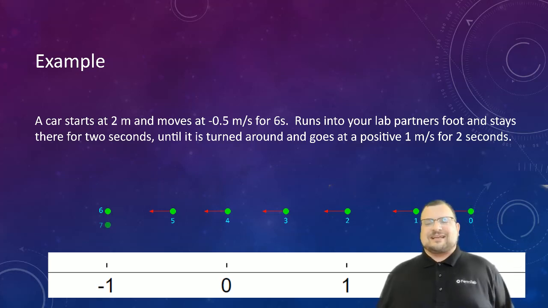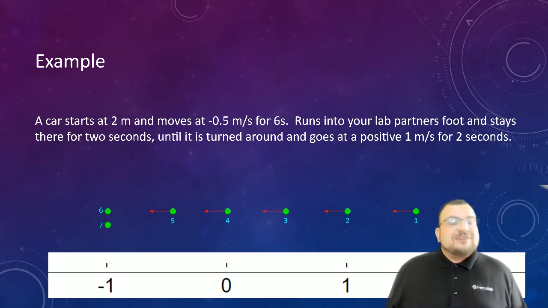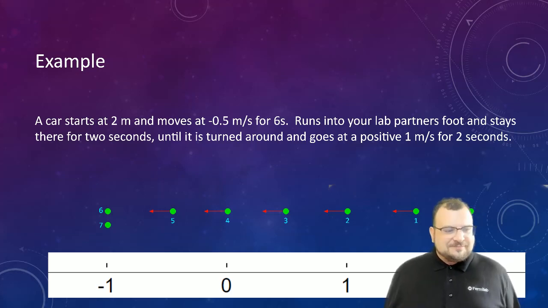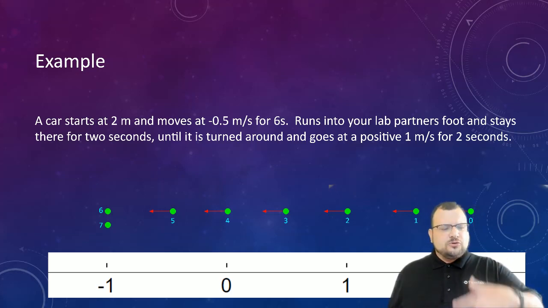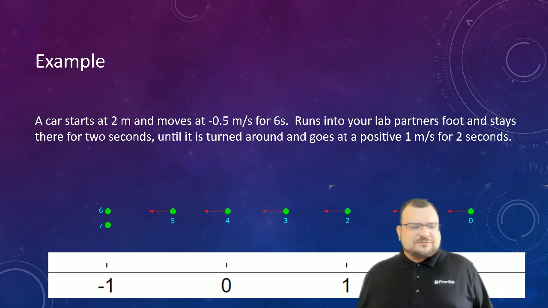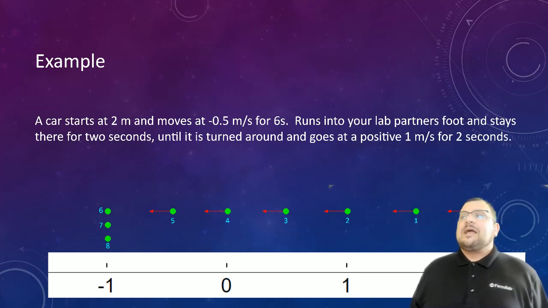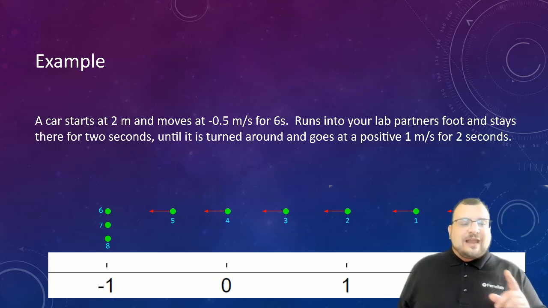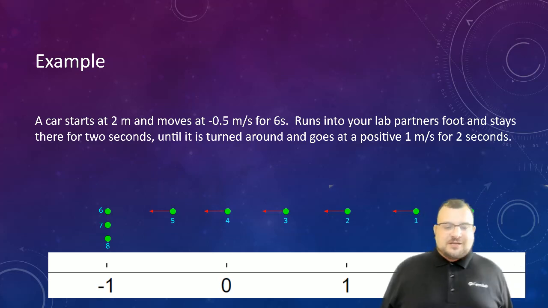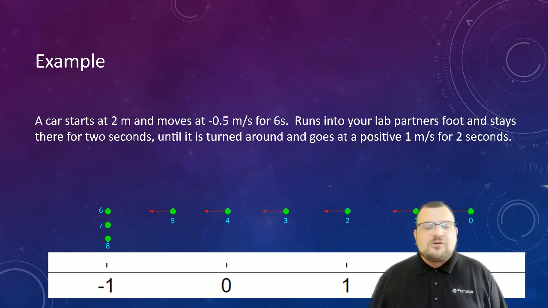At 7 seconds, we haven't moved anywhere. We're still sitting at that negative 1 meter position. So that's why I drew the dot right underneath the 6. I could have drawn it over the top. It really doesn't matter. At 8 seconds, we're still in the same location, but now we're moving at a positive 1 meter per second. So I'm going to draw my arrow in the positive direction.